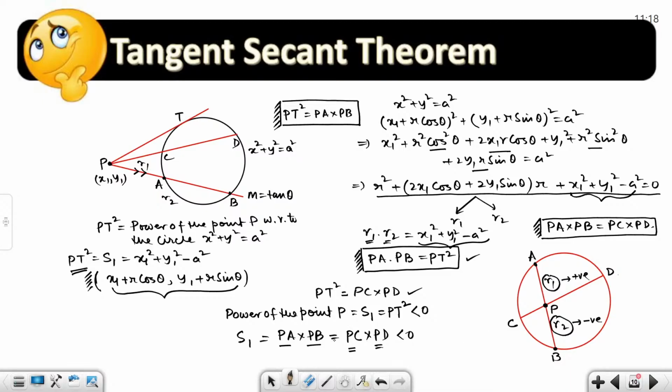So even if the point P is inside the circle, this relation holds true. That is, PA into PB will be equal to PC into PD.